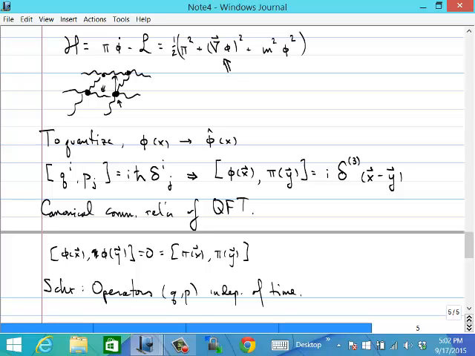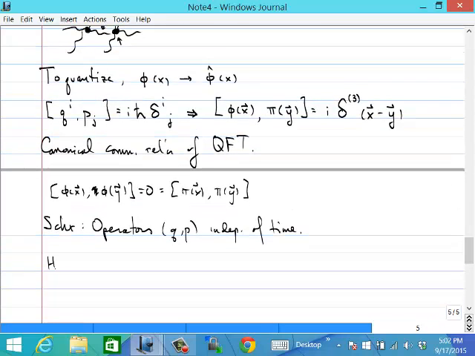Later on in this course, in fact for almost all of this course, we'll be using the Heisenberg picture, where the operators depend on time. So in the Schrodinger picture, operators are independent of time, but you have the state that depends on time.